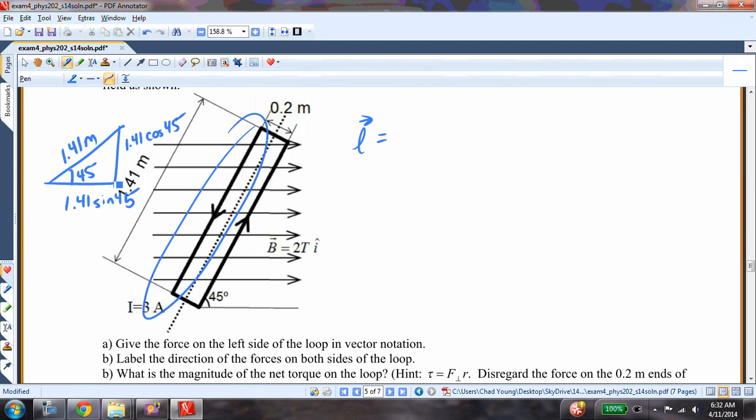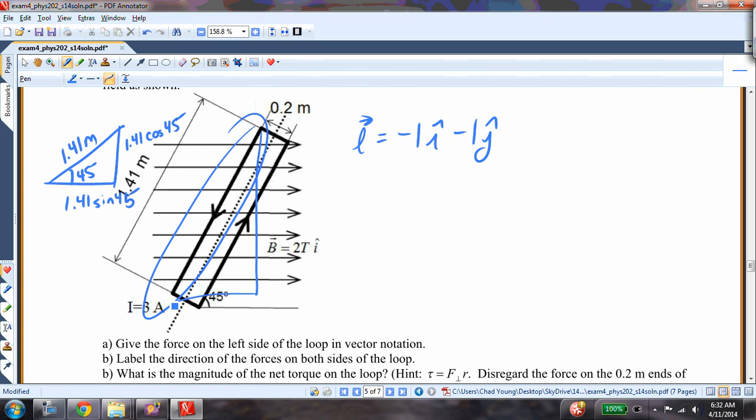And you'll find that the vector notation of this is going to be negative 1I minus 1J. All right, it's negative because I have a negative quantity there and a negative quantity there.